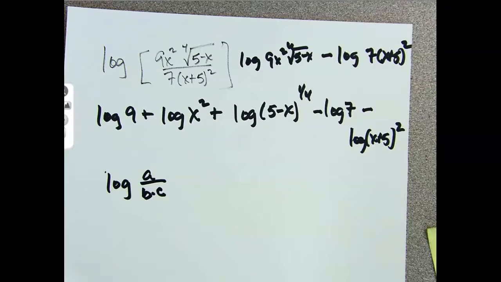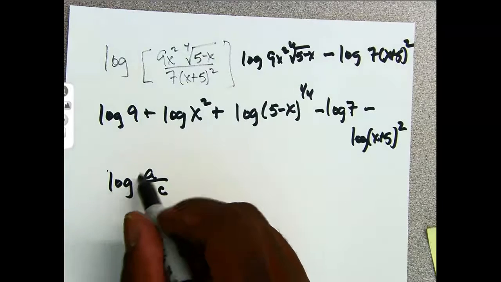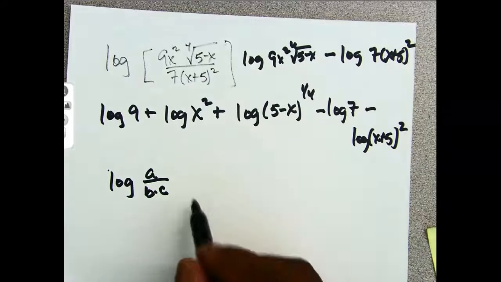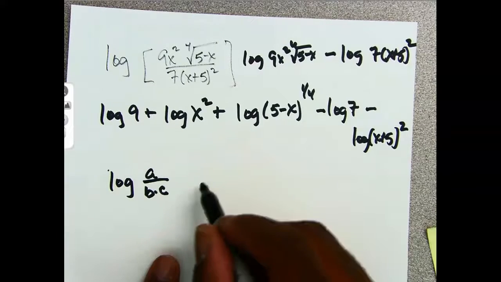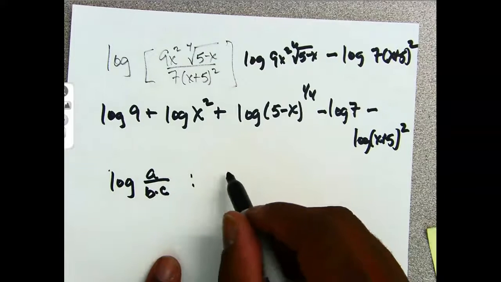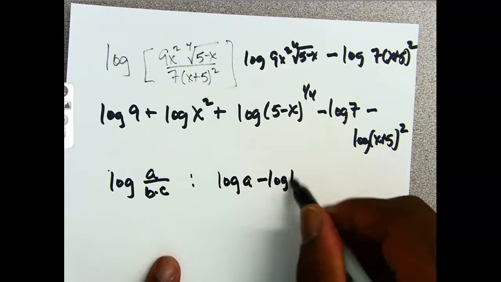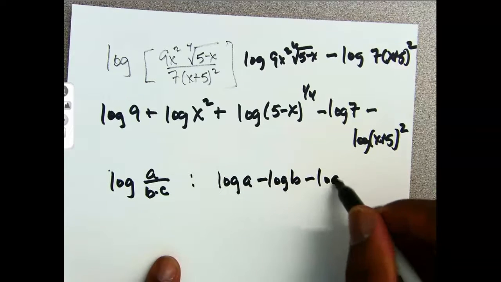So this would be, actually I don't want to do that. Just kidding. What do I want to do? Oh, all right, so think of this. Now let's think of log of A minus log of B minus log of C.